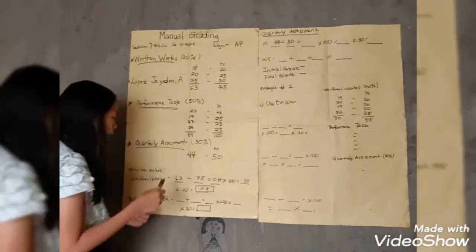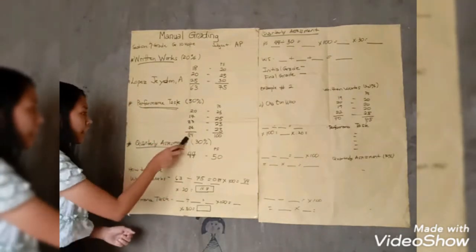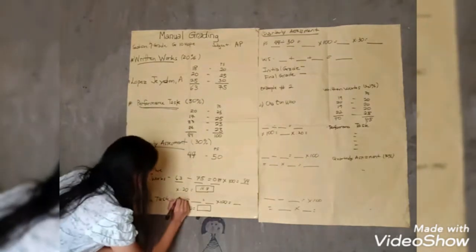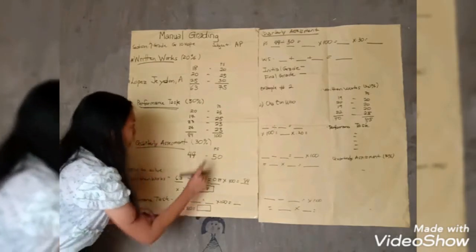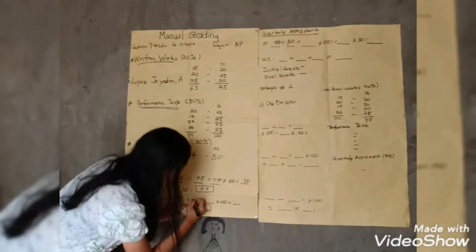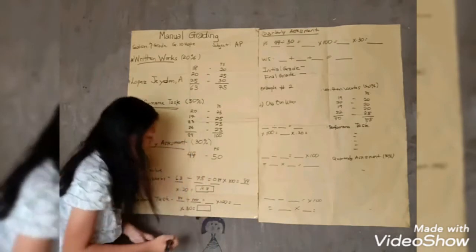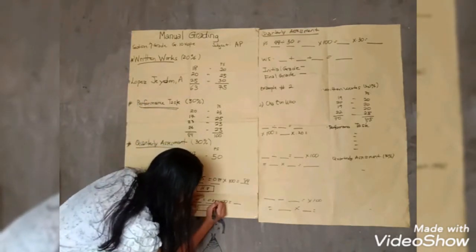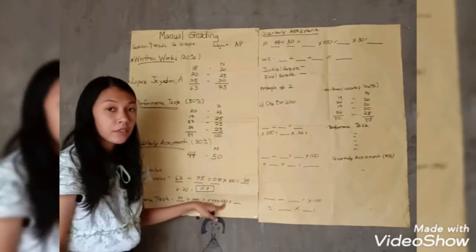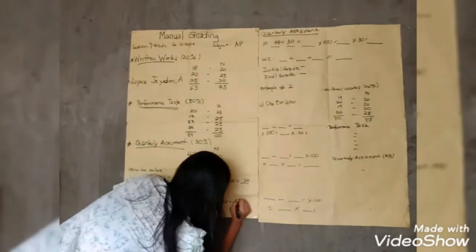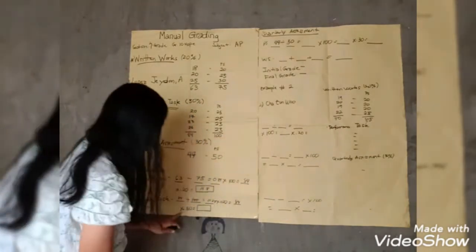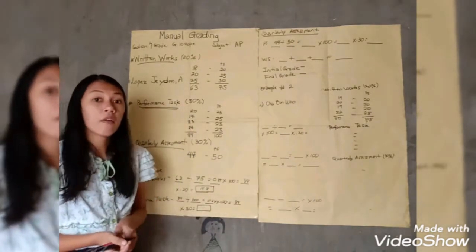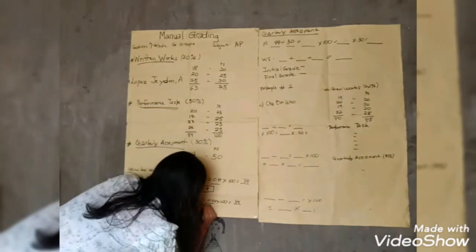And for the performance test, we got 84 divided by the highest possible score and equals 0.84, multiplied by 100 and times 0.50 equals 42.